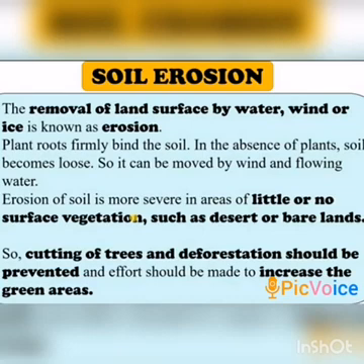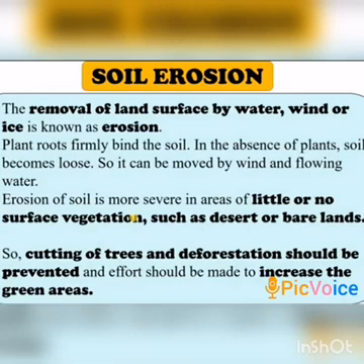So, erosion of soil is more severe in areas of little or no surface vegetation. If an area is covered with full of trees, the soil erosion in that area is less. Do you understand, children?